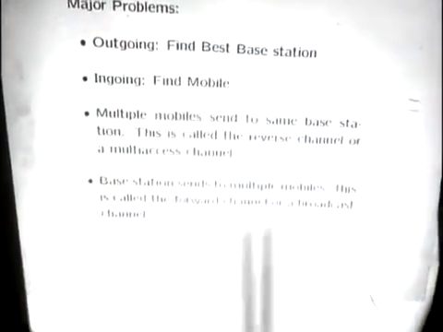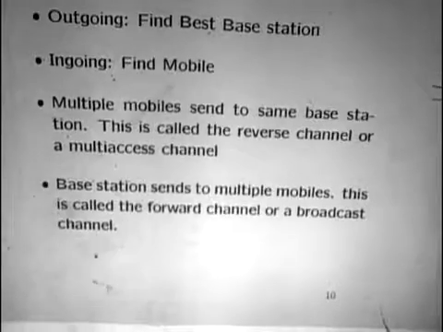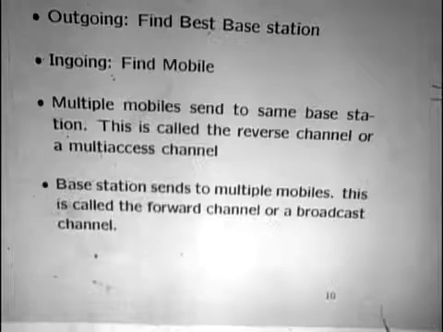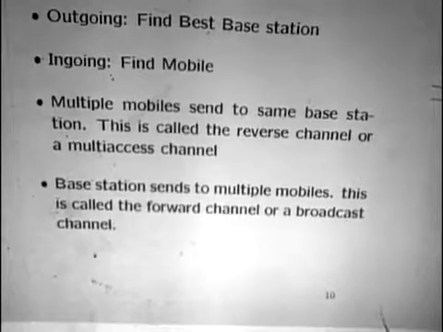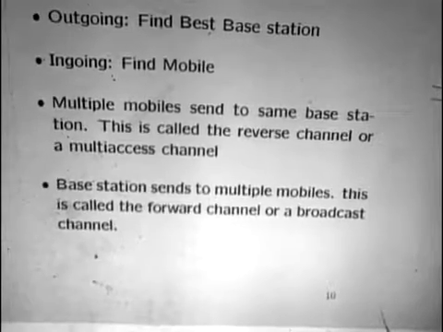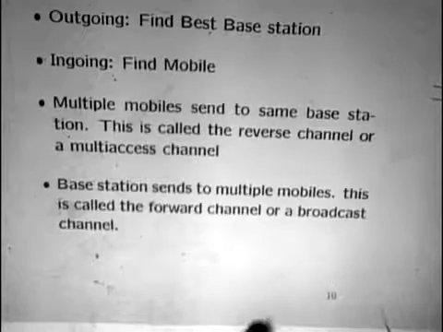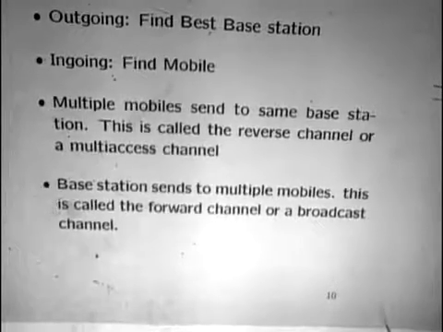When you're going the other way, base station to mobiles, it's called the forward channel by the telephone engineers. It's called the broadcast channel by information theorists. For those of you who think about broadcast in terms of TV and FM and all that sort of stuff, this is a little bit confusing, because this is not the same kind of broadcast that you're usually thinking about.